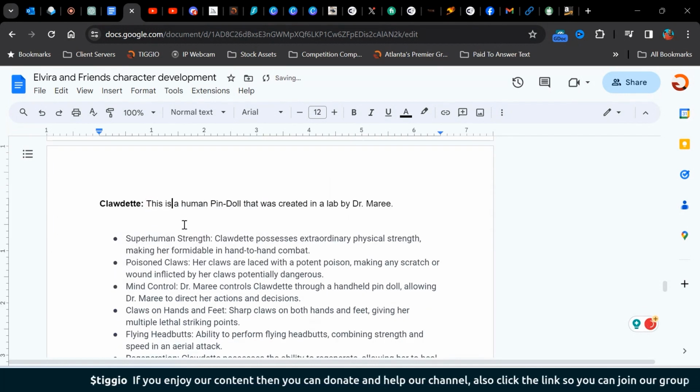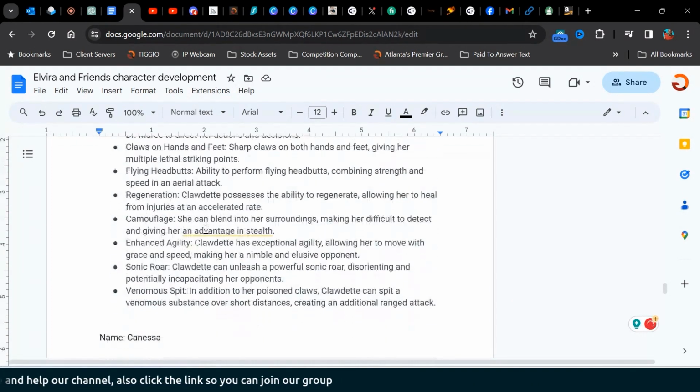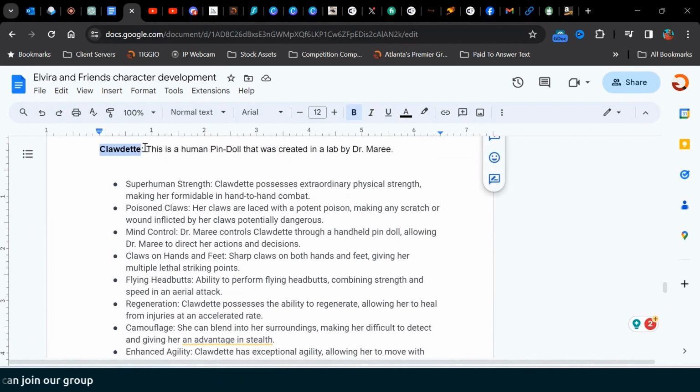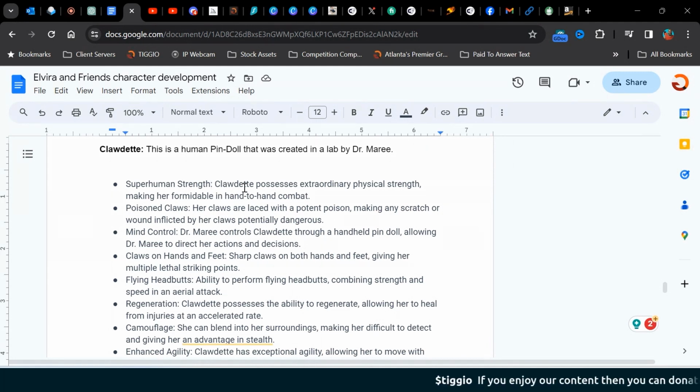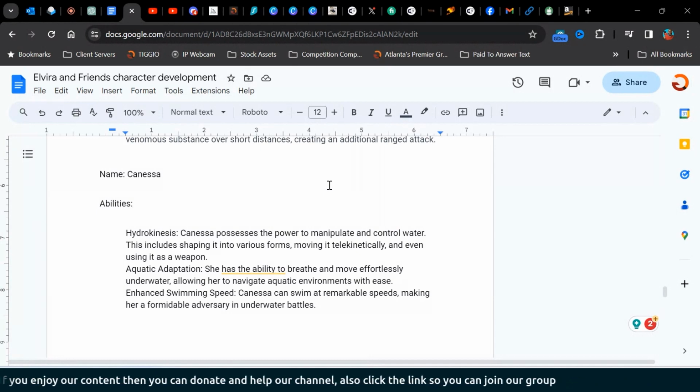So in the book Proteus and P Funk, Elvira and Friends presents Proteus and P Funk, this is Claudette. She's going to be the main, well, with the assistance of Dr. Marie, she's the main antagonist, the human pen doll that was created in the lab of Dr. Marie. So Dr. Marie, in a sense, is Frankenstein, right?